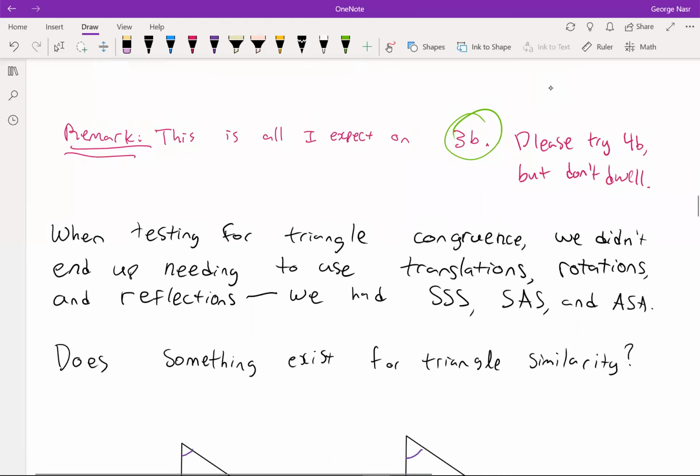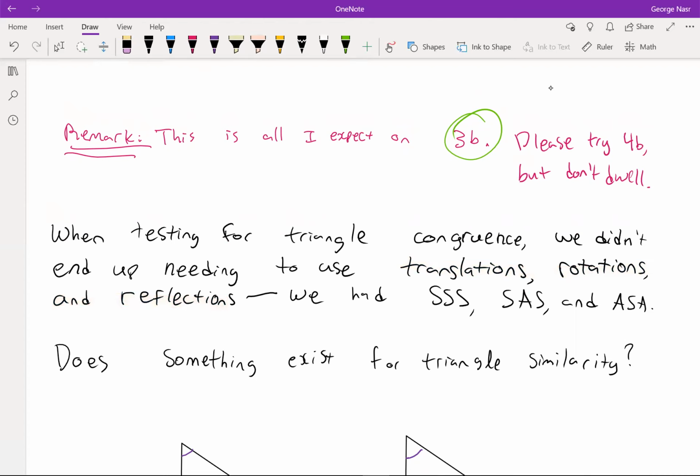Okay. So that's dilations and all that good stuff. So when we were testing for triangle congruence, we didn't end up actually using translations, rotations, and reflections, right? We know that we say two things are congruent if we use these to transform them, but we didn't really end up using that when we needed to show two triangles are congruent.